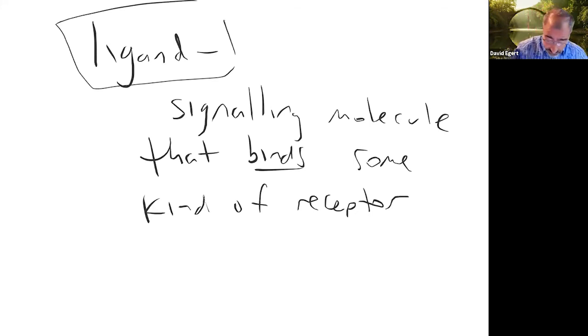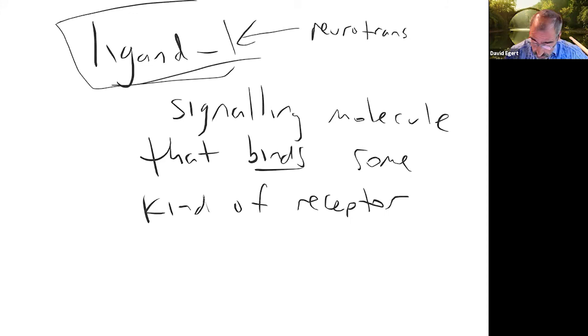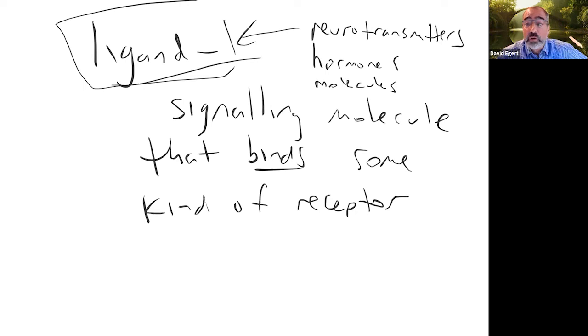So ligand gated, again, these could be neurotransmitters. They could be hormones. They could just be general molecules. You know, the way that your taste buds work is you have ligand gated channels in your taste buds that recognize sugar.